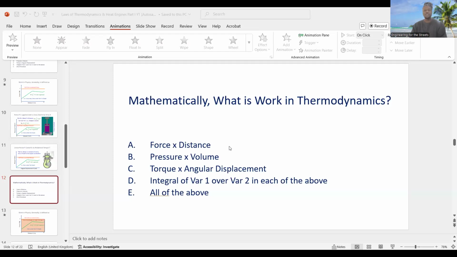Last time, we spent a lot of time answering the question of what work is in thermodynamics mathematically.